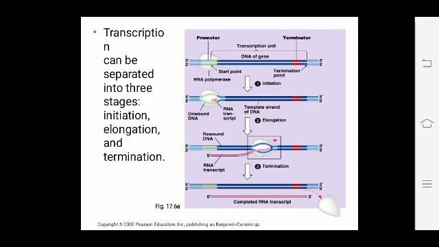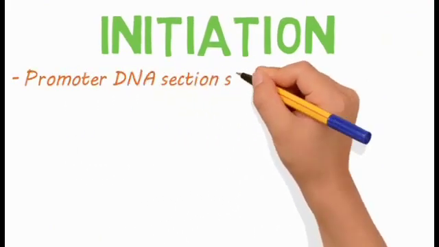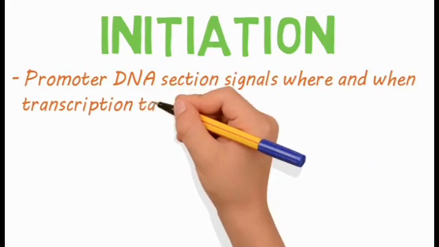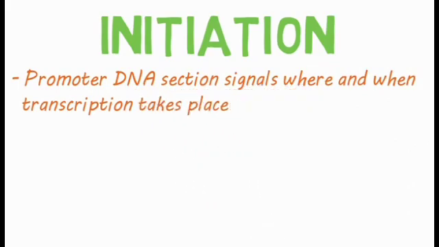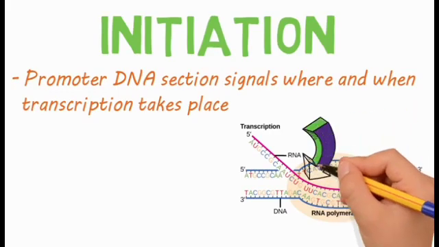Transcription can be separated into three stages: initiation, elongation, and termination. First is initiation. During initiation, a section of DNA called the promoter signals for and when transcription takes place. The protein RNA polymerase binds its promoter and separates the double-stranded DNA.